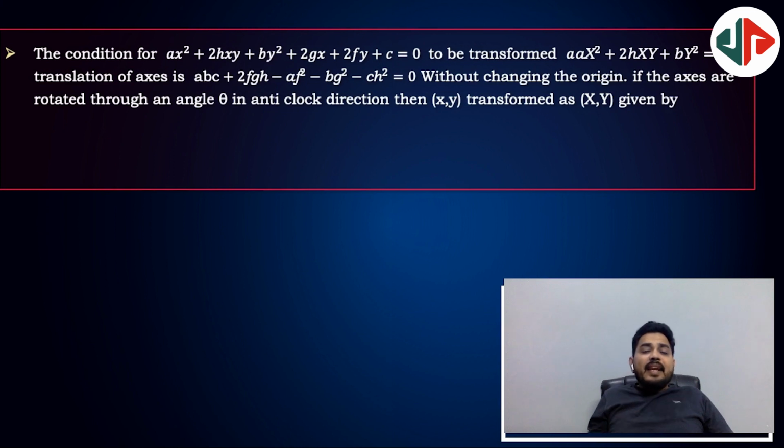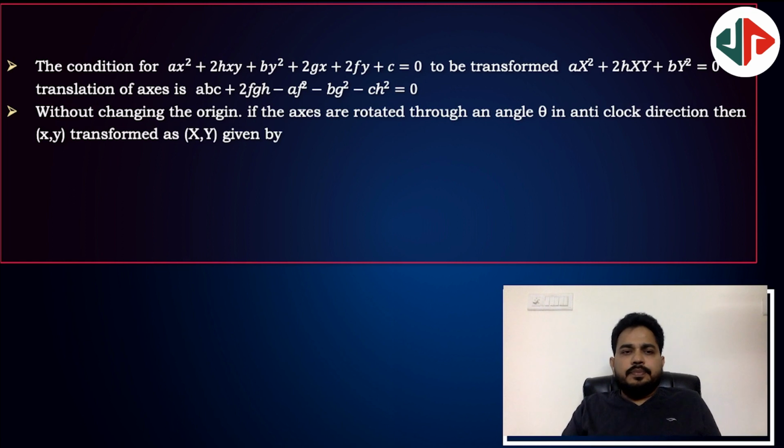Now, ax square plus 2hxy plus by square plus 2gx plus 2fy can be transformed into the form of ax square plus 2hxy plus by square. Here, linear terms are eliminated by translating the axis. And what will happen? abc plus 2fgh minus af square minus bg square minus ch square should be equal to 0.